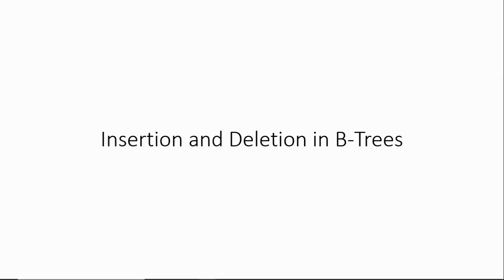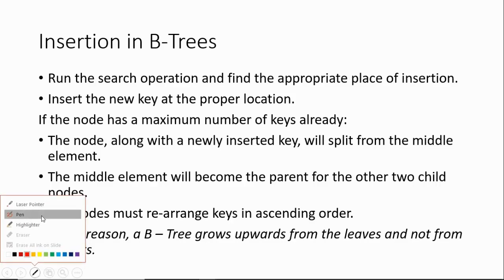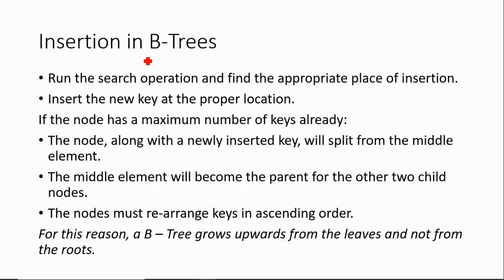Now insertion and deletion in a BT. The insertion in a BT is a bit similar to what we have done in binary search trees, but as there are many elements stored in one node, the process will have some changes. The first two steps are what we do in BSTs: run the search operation and find the appropriate place of insertion.